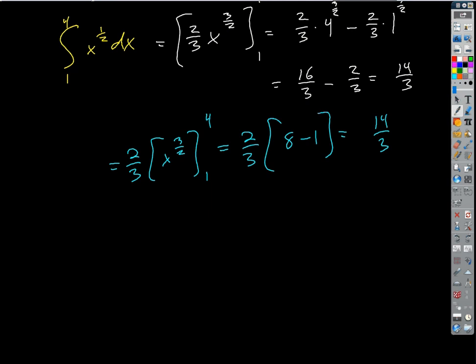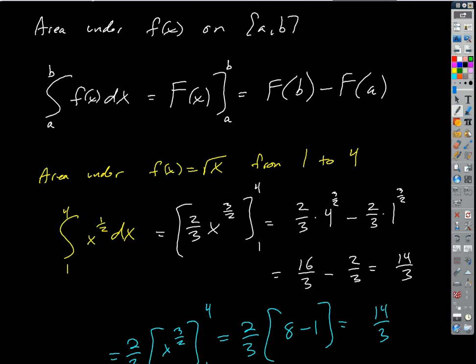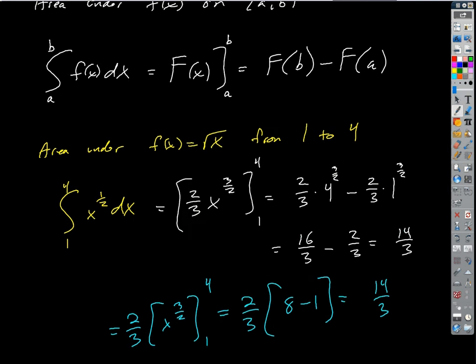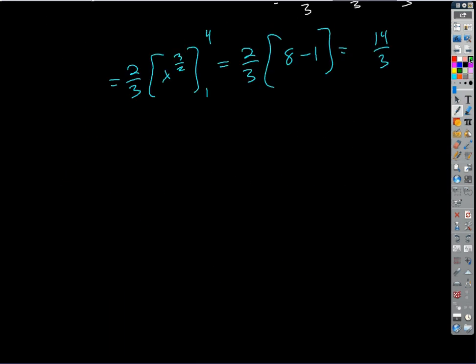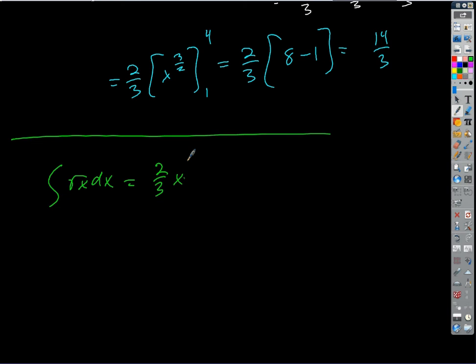Like if we had done instead the square root, right? What would our answer have been? So you already told me the 2/3 x to the 3/2 plus c.